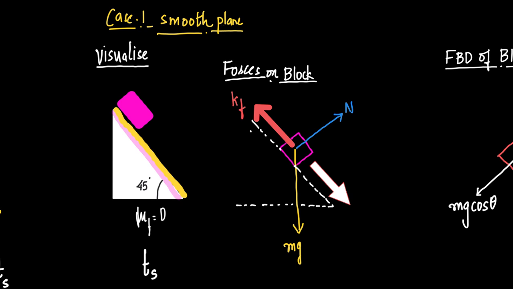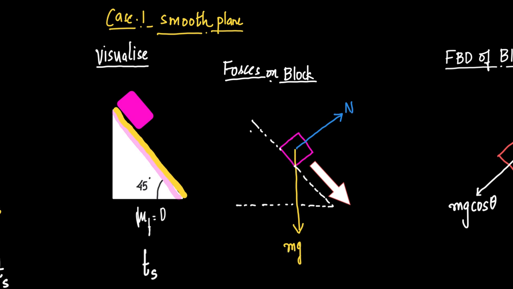Now in the smooth plane, it is a perfectly smooth plane, which means kinetic friction doesn't exist here. So there is an object here, inclined plane at 45 degrees, and the coefficients of kinetic friction and static friction are equal to 0. The forces acting on the block are normal reaction acting upwards and weight acting downwards.